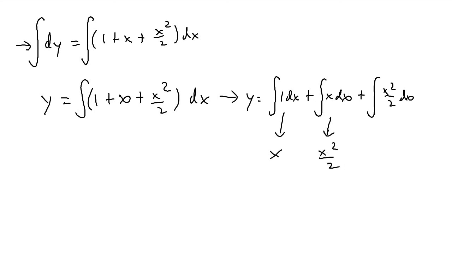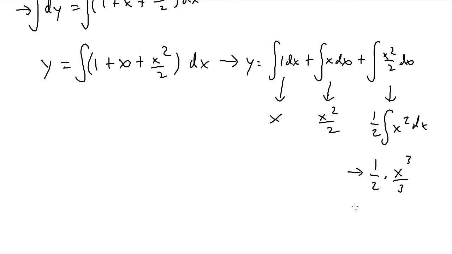And for the integral of x squared over 2, I can just rewrite that if I bring the 1/2 outside the integral: 1/2 times the integral of x squared dx. And so now, using the power rule, I get 1/2 times x cubed over 3, which is equal to x cubed over 3 times 2, which is 6.